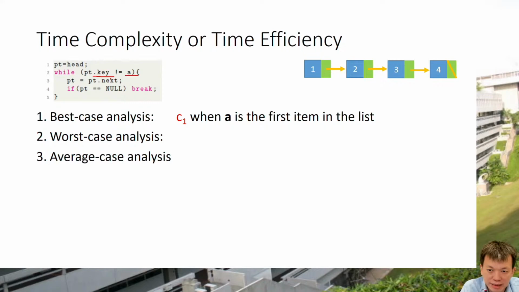If equal, then I will terminate my while loop. If it's not equal, I will go to the next node, and in the next iteration check whether it equals A or not, again and again, until I reach the last node, then I break this while loop.